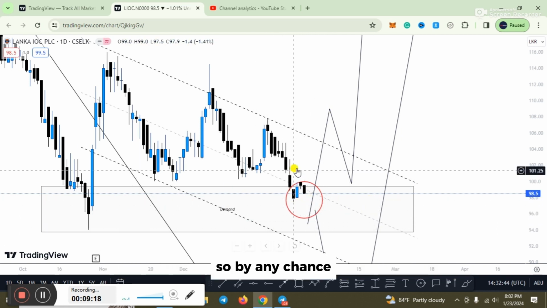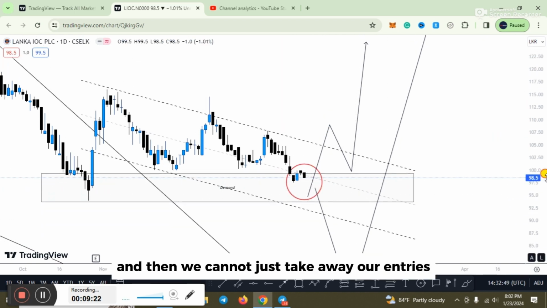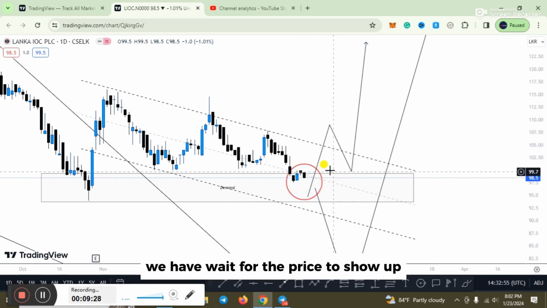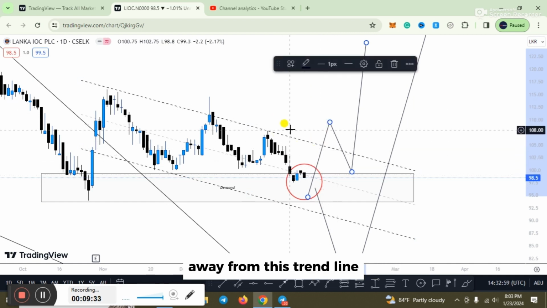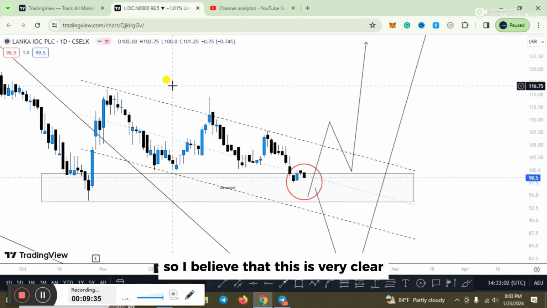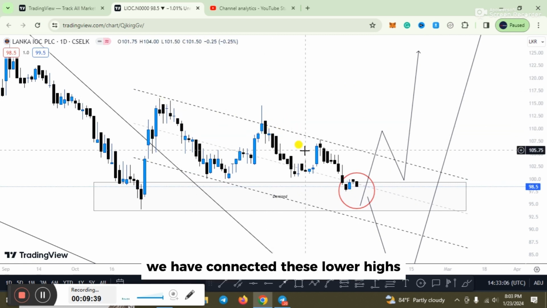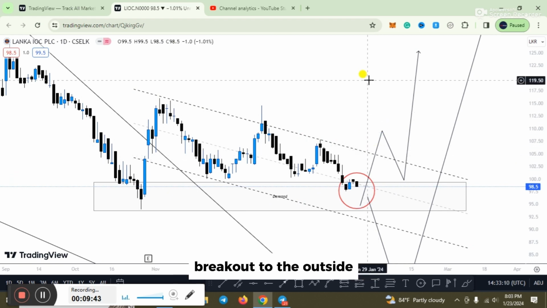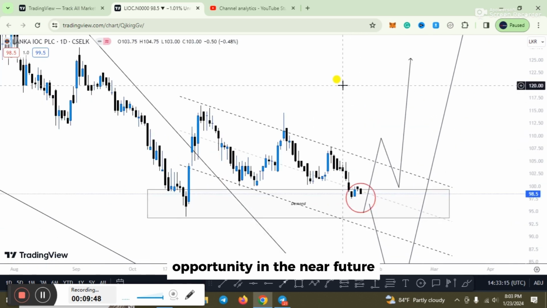So by any chance if the price shows a bullish reversal, we cannot just take our entries for the LIOC; we have to wait for the price to show a bullish breakout away from this trend line. So I believe this is very clear. We have connected these lower highs, and then we have to confirm a bullish breakout to the upside and then look for a possible buying opportunity in the near future.